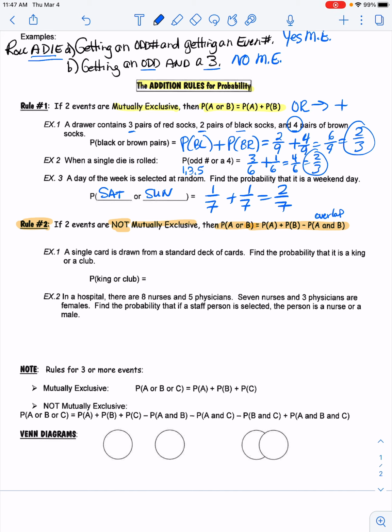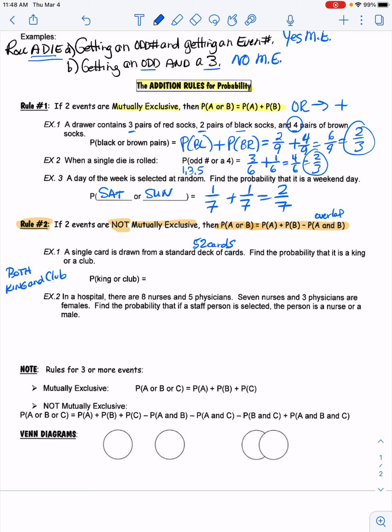A single card is drawn from a standard deck of cards. Find the probability that it is a king or a club. If you play cards, you'll know there's 52 cards in the deck, and that a king of clubs exists, so I can be both a king and a club.